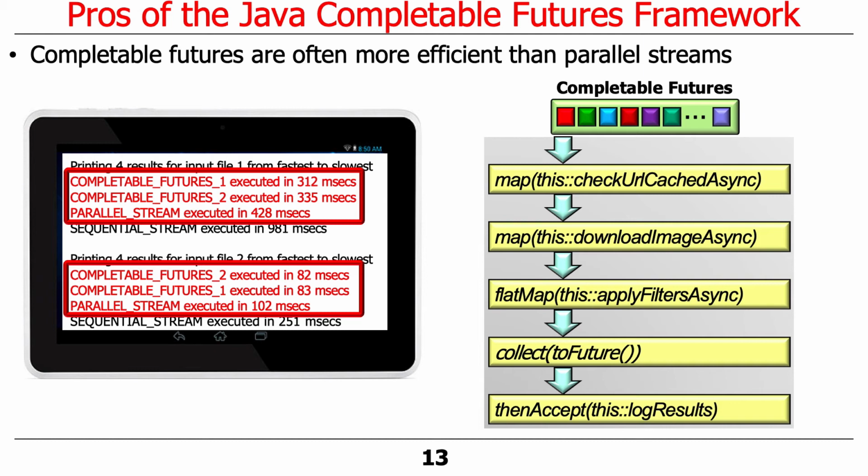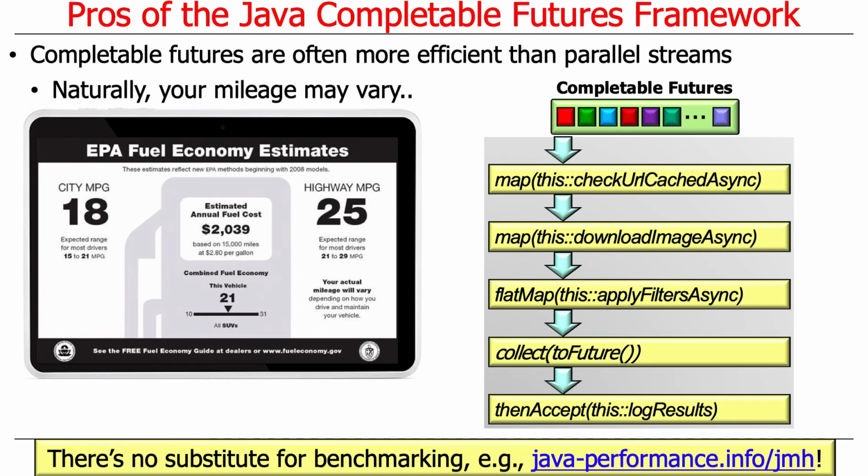Parallel Streams has a lot more going on behind the scenes in terms of splitterators, combining things with collectors, and the whole framework itself. It just has more overhead. So Completable Futures are a little bit leaner and meaner. Obviously, your mileage may vary, so you have to benchmark the code carefully to see what works.